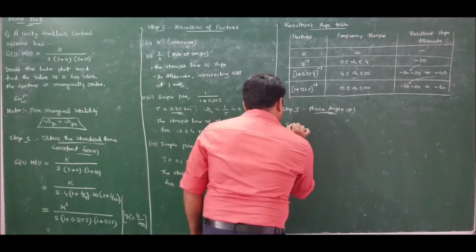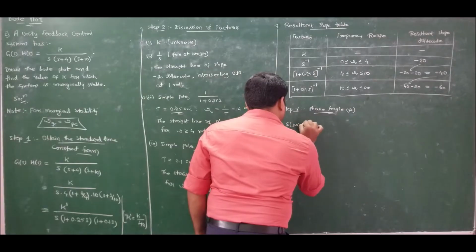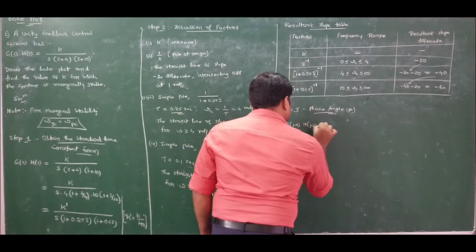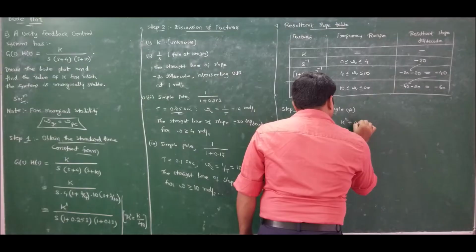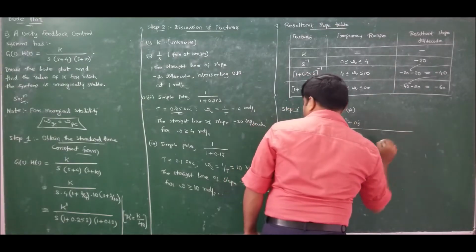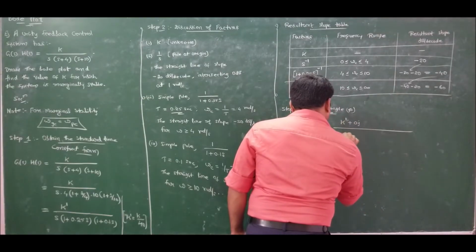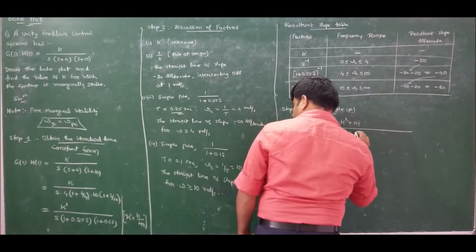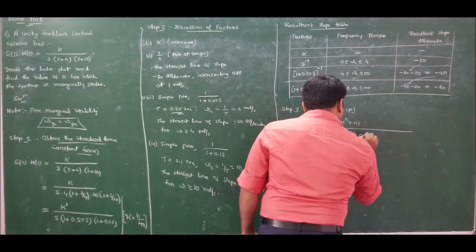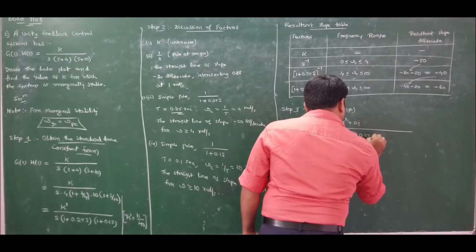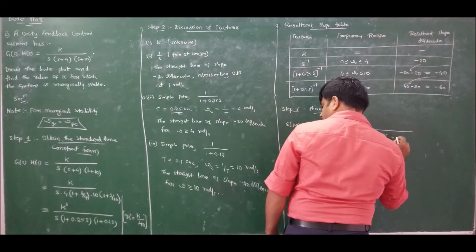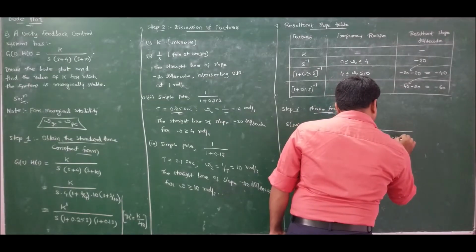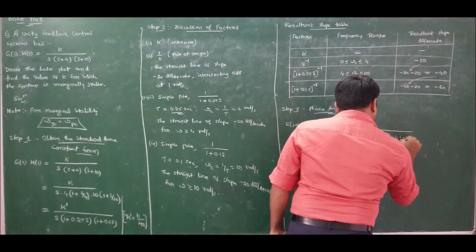If I do that, I will get G(j omega) H(j omega) is equal to k dash, that is k dash plus 0j, divided by, replace s by j omega, of 1 plus 0.25 j omega into 1 plus 0.1 j omega.